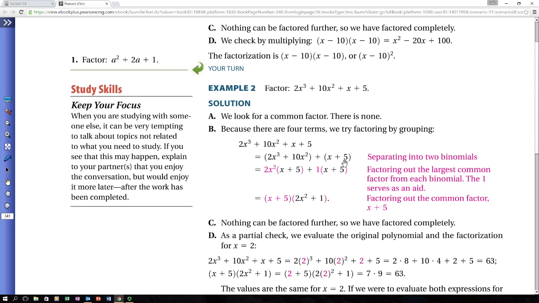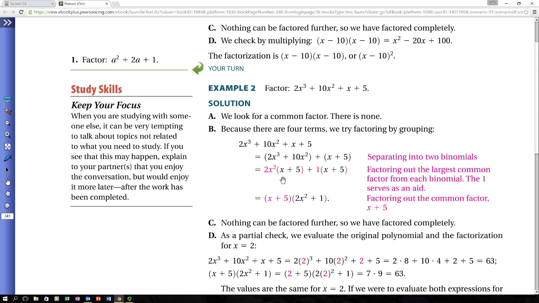Probably the trickier part about this: I can always factor out 1, can I? I need a coefficient or a number times this grouping, because I need a multiplication plus a multiplication, because I want to then factor these things out, where this grouping is a common factor, so they factor out x plus 5.